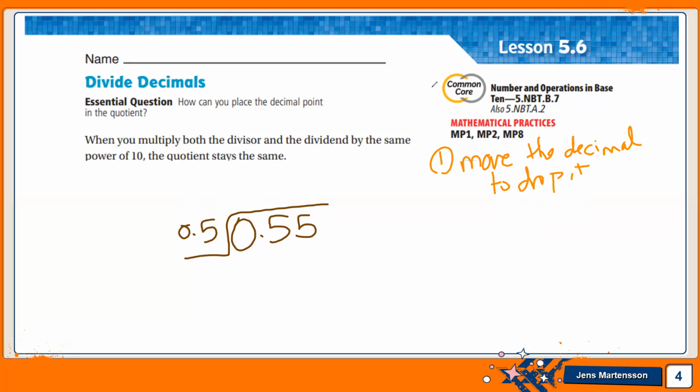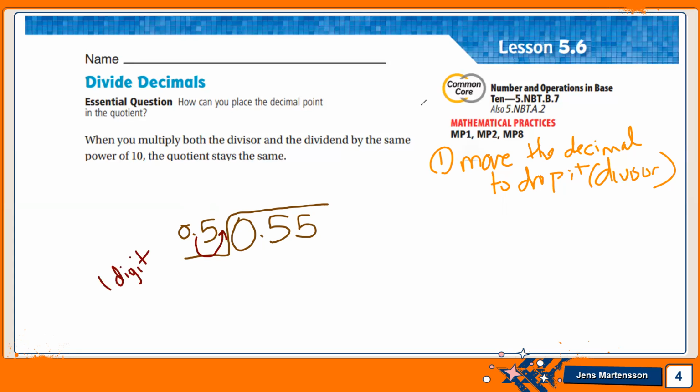In order to remove the decimal point in the divisor, here in the 0.5, how many digits will you move it? 1 or 2 digits? 1 digit. So you move it only 1 digit.